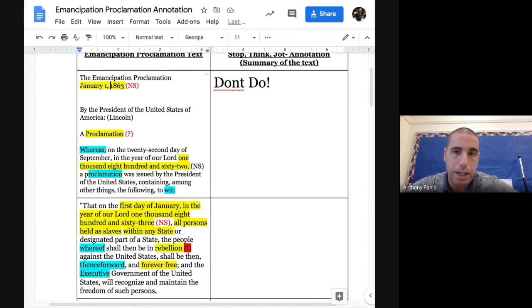All right. So here's the actual text of the Emancipation Proclamation, signed on January 1st, 1863. That's when it goes into effect, by the President of the United States of America, Abraham Lincoln. A proclamation. Whereas on the 22nd day of September... Yeah, Alejandro, it is a tricky thing, but that's why we're going to try and work through it as best we can, because actually reading these historical documents is really impactful and important because it shapes the way our history is made.